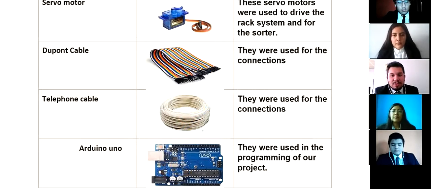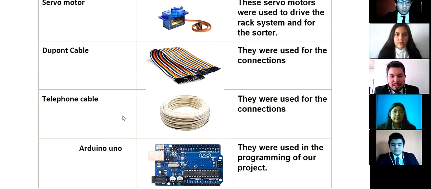Servo motors are controlled by sending a variable width electrical pulse, or pulse width modulation. Through the control cable, the servo motor expects to see a pulse every 20 milliseconds, and the length of the pulse will determine how far the motor rotates. These servo motors were used to drive the rack system for the sorter.